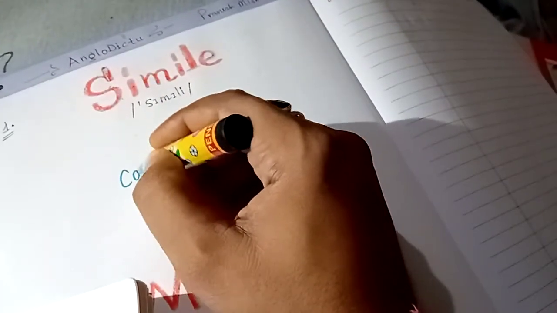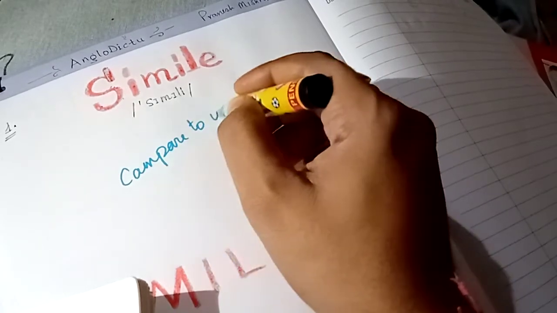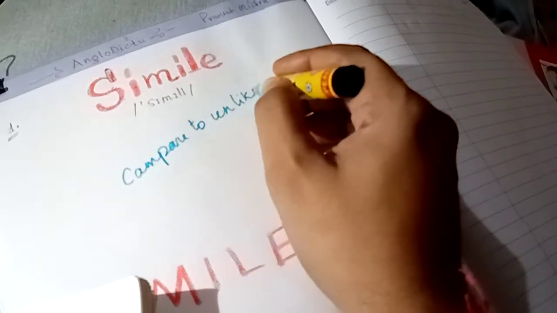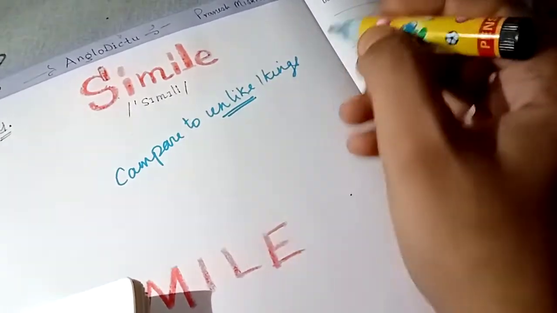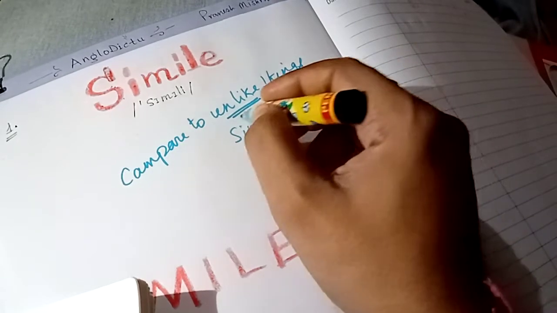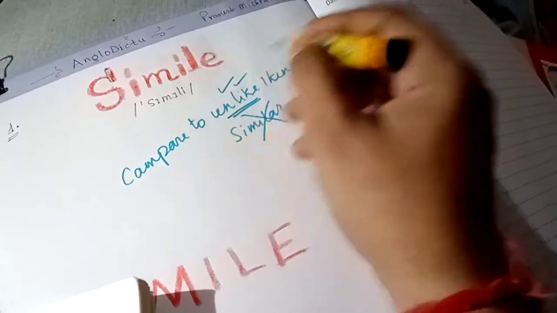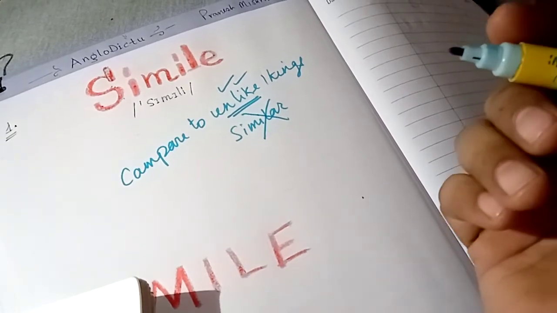We use it to compare two unlike things. Unlike things, I say, similar never. Unlike things.